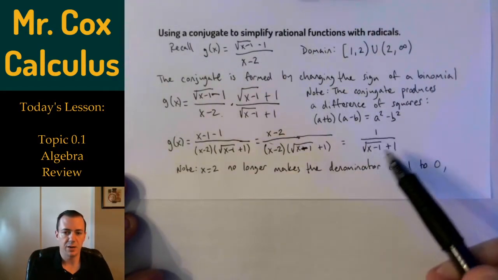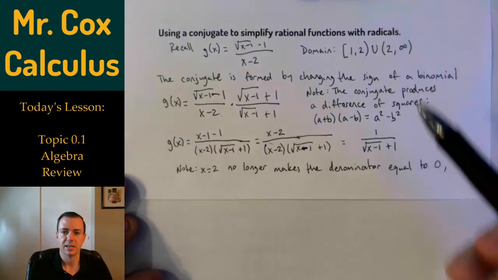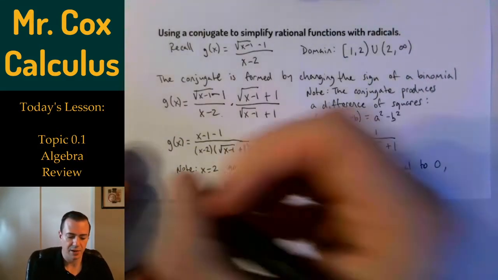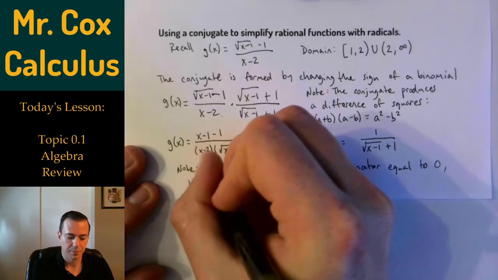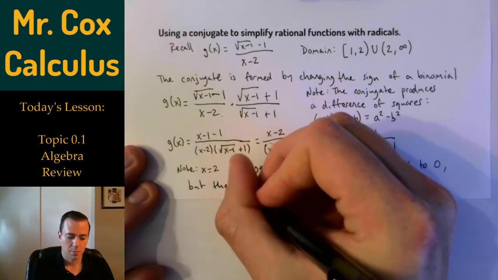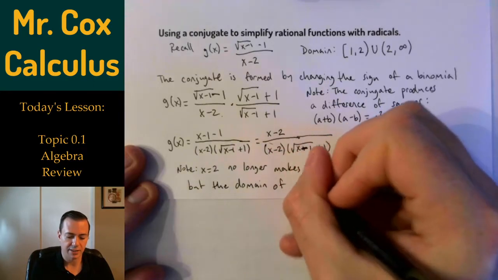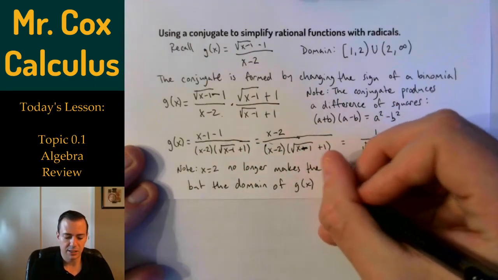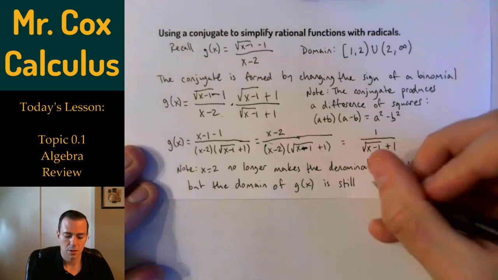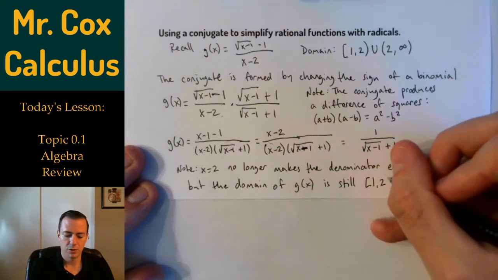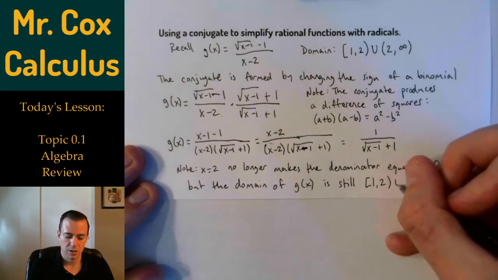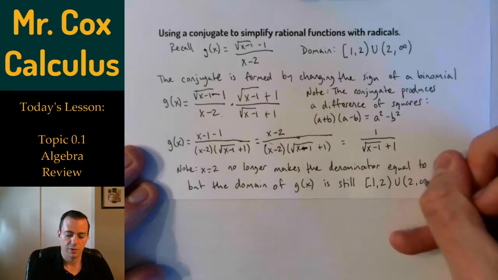All I'm doing here is rewriting g of x. I still have this domain that applies. So the domain of g of x is still 1 to 2 with 1 included, union 2 to infinity.